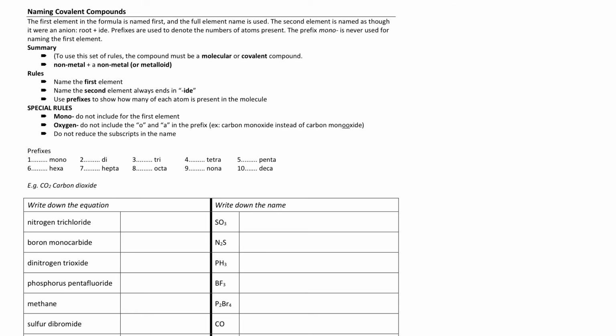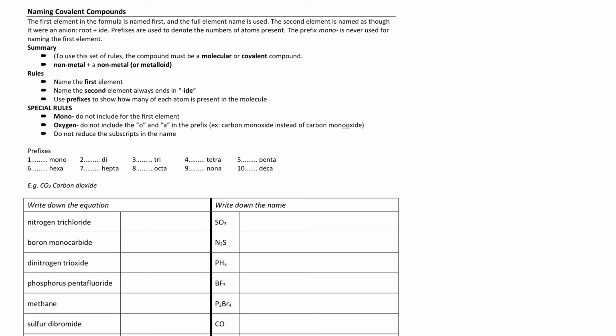And do not reduce the subscript. In the last one, when we were doing ionic compounds, we reduced the subscript. So if we had magnesium oxide, the subscript would be 2,2 and we would change it to 1,1 and not include it. In this case, we don't do that. We just use the prefixes.